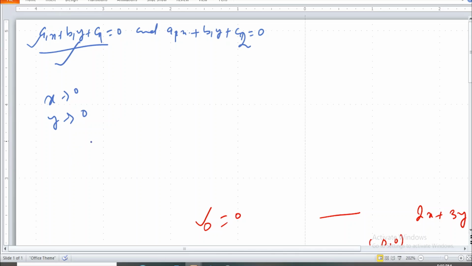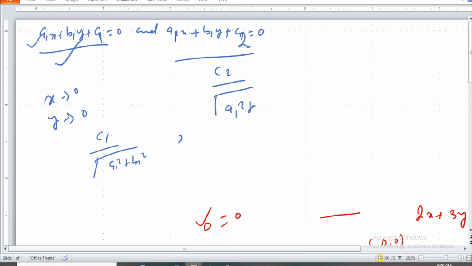So basically c1 upon root of a1 squared plus b1 squared. And the distance of the origin from the other line is c2 upon root of a1 squared plus b1 squared. This is our first step, this is our second step.